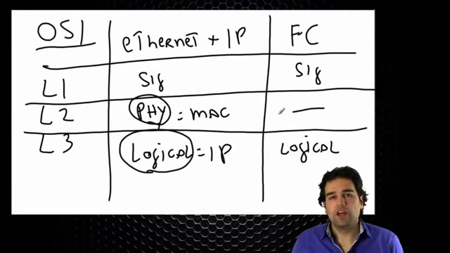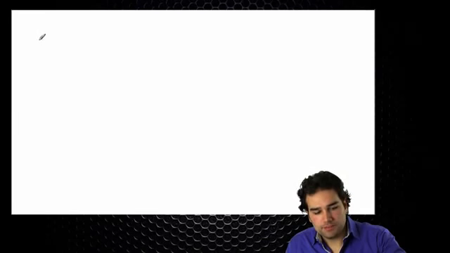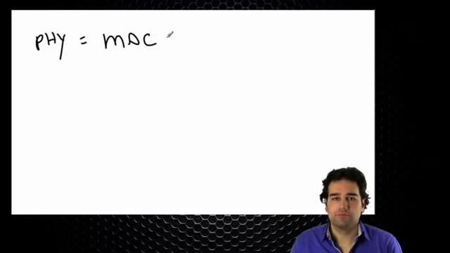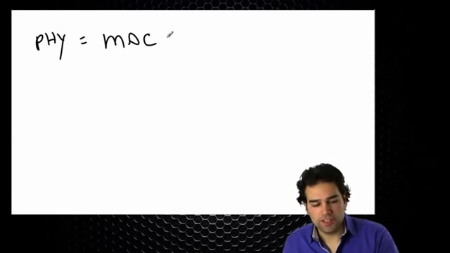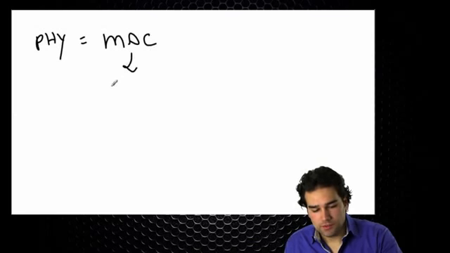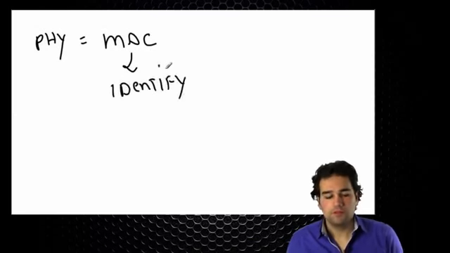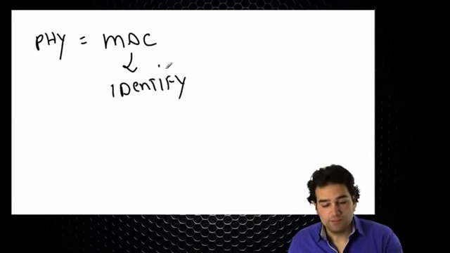So what kind of terminology do I use for those things? Like I said, we have our physical addressing. On the Ethernet side, they're called MAC addresses. Now what are MAC addresses? What can I do with a MAC address? I can, first of all, identify the NIC.